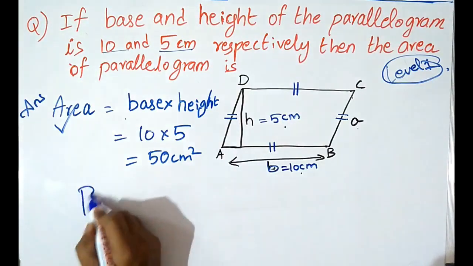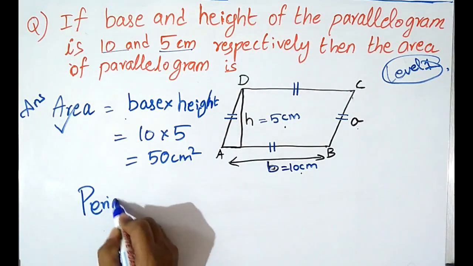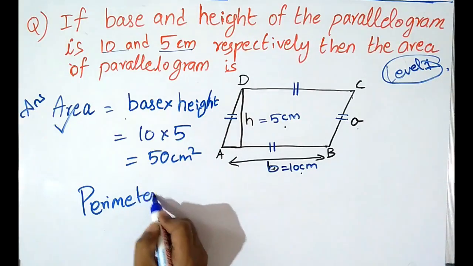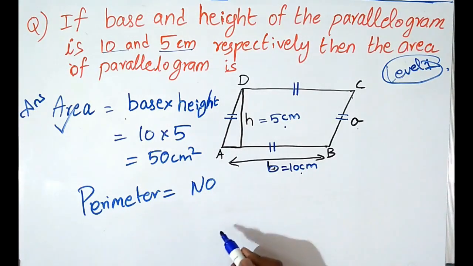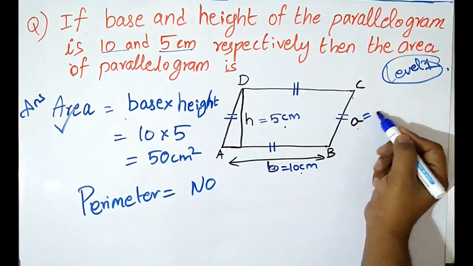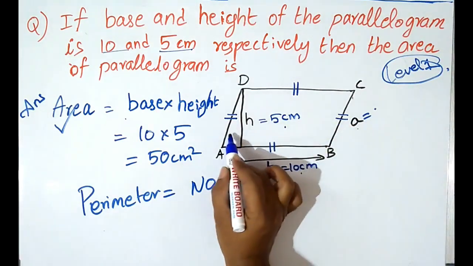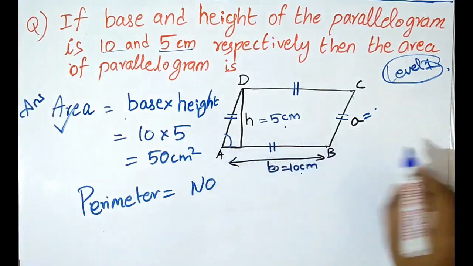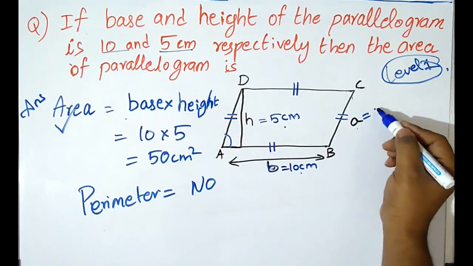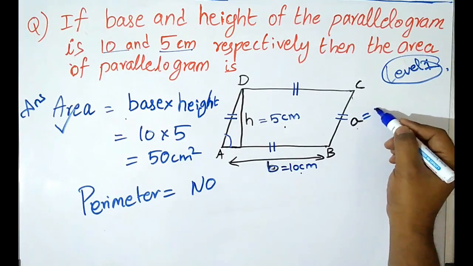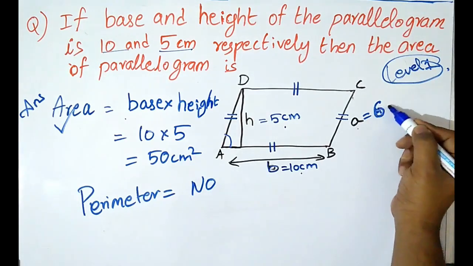Can we find the perimeter? No friends, we can't find the perimeter unless the other side is given or the angle is given. See here, if in the question the other side of the parallelogram is given by, it is 6 centimeters.